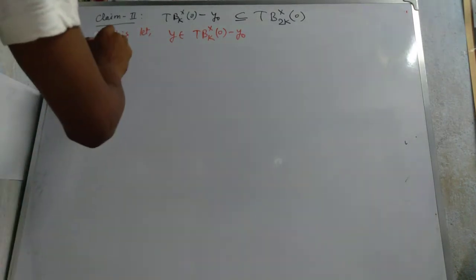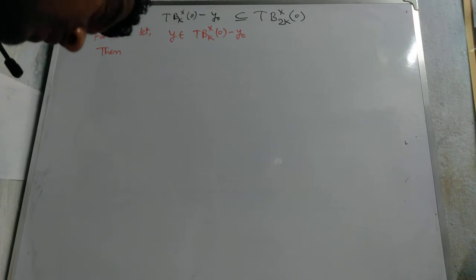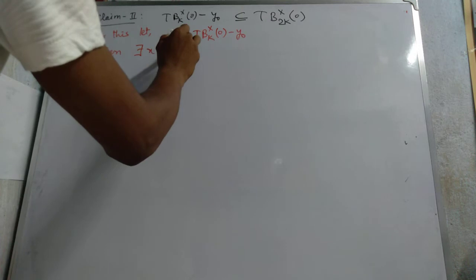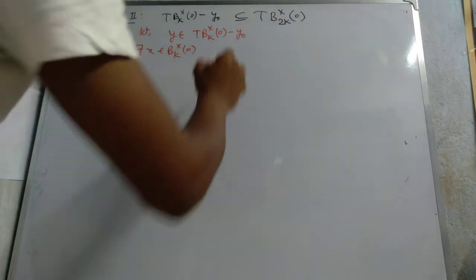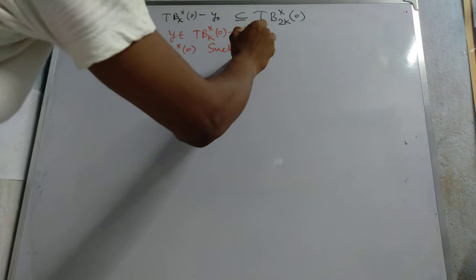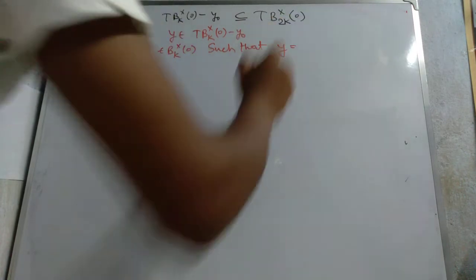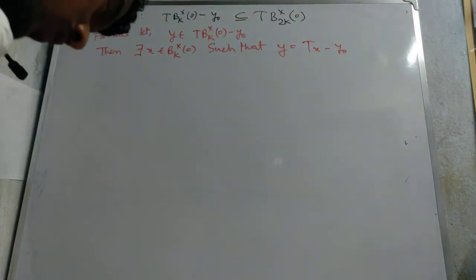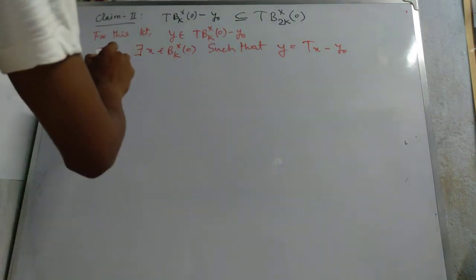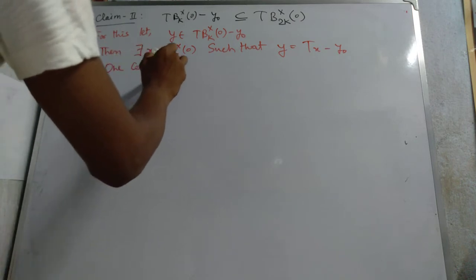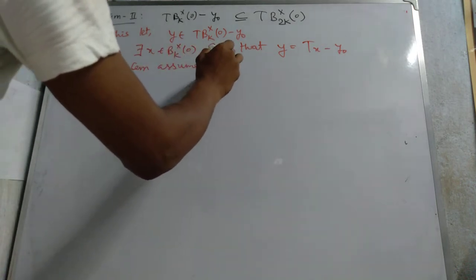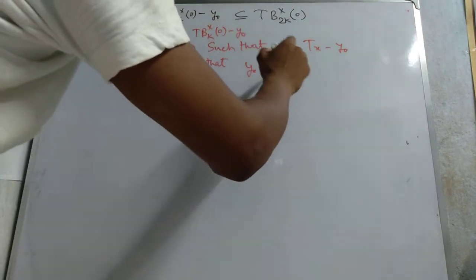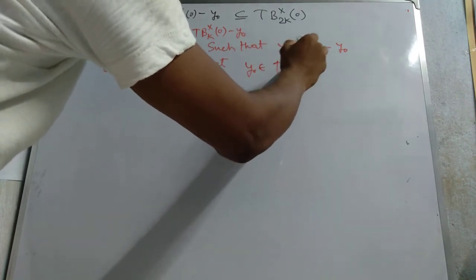Then there exists x belongs to B_k(x0) such that y = Tx − y0. One can assume that y0 belongs to T(B_k(x0)).